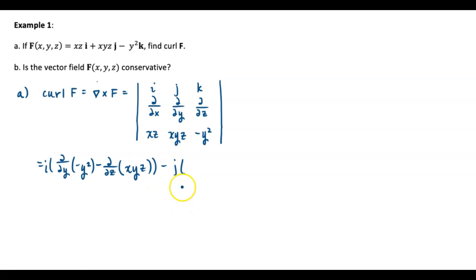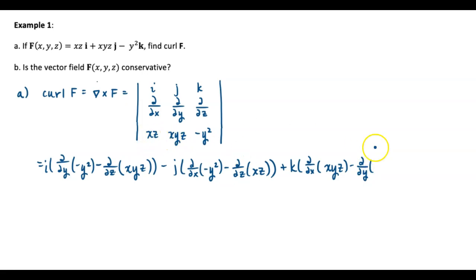So we've got the partial with respect to x of negative y squared, minus the partial with respect to z of xz, plus our k component, which is the partial with respect to x of xyz, minus the partial with respect to y of xz.